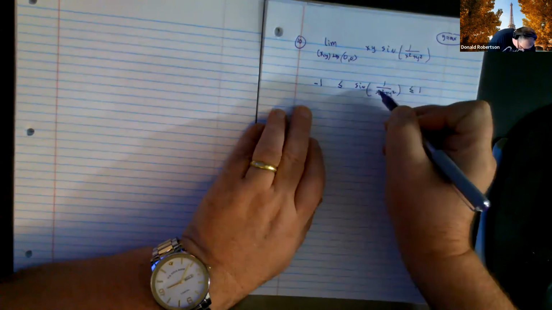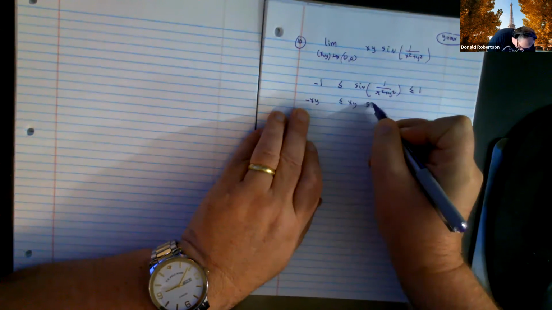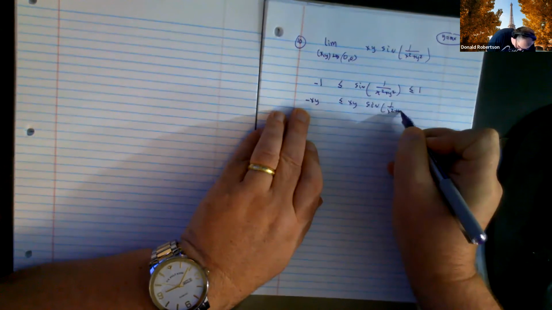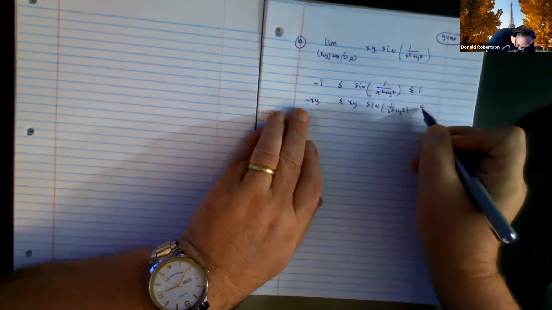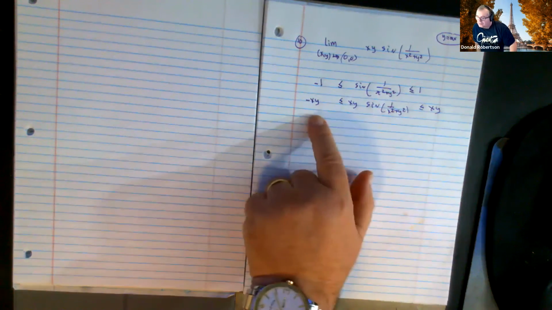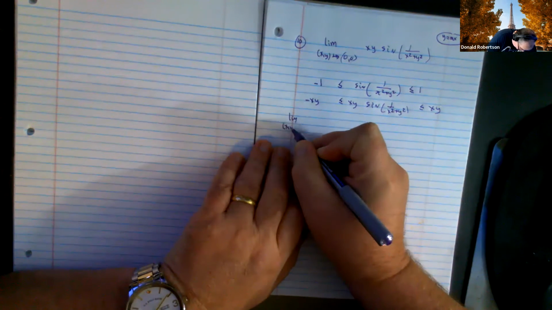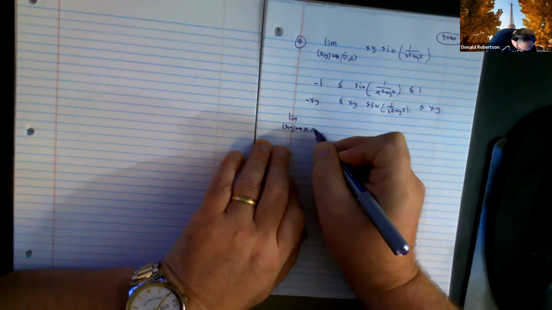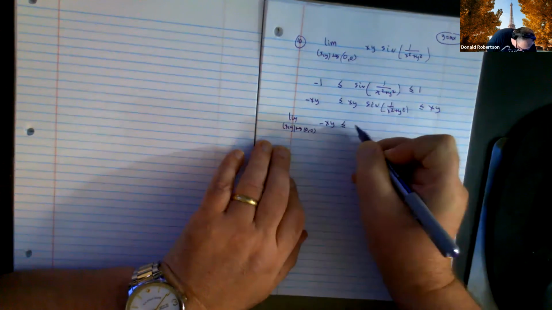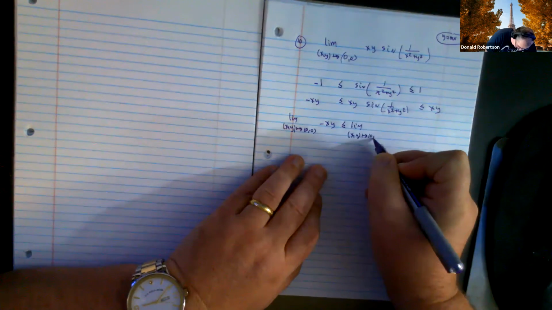What I'm going to do now is multiply all of them by xy. And the reason I'm doing that is I want to have this guy in the middle. So would the logic be that if this is true, won't this also be true? Right? Because I'm multiplying everybody by the same thing. Then shouldn't the limit as (x,y) tends to (0,0) of this guy also be true in terms of limits?